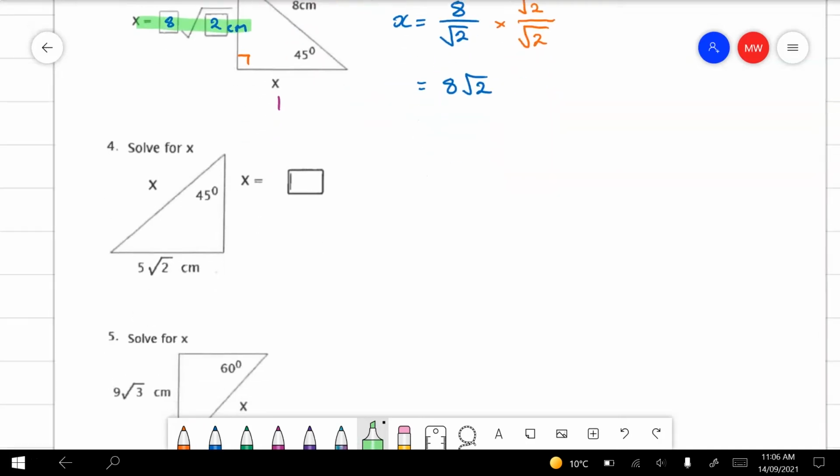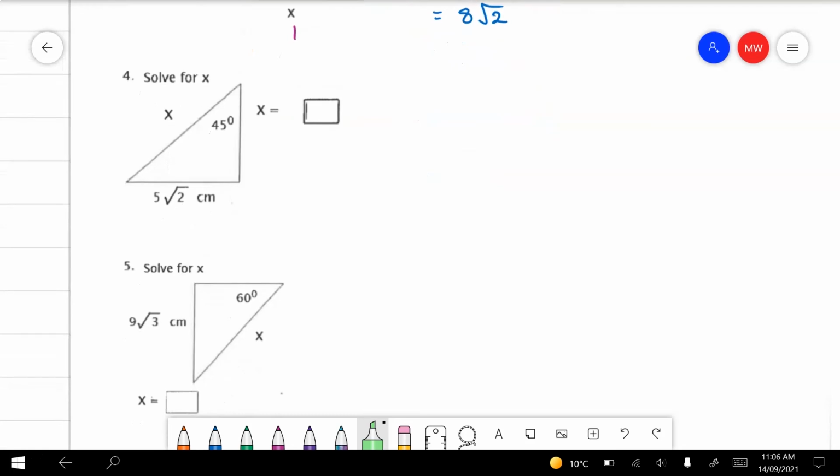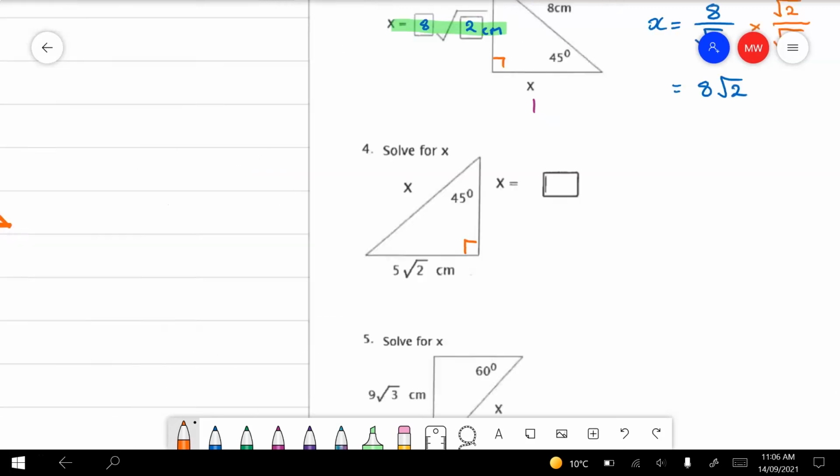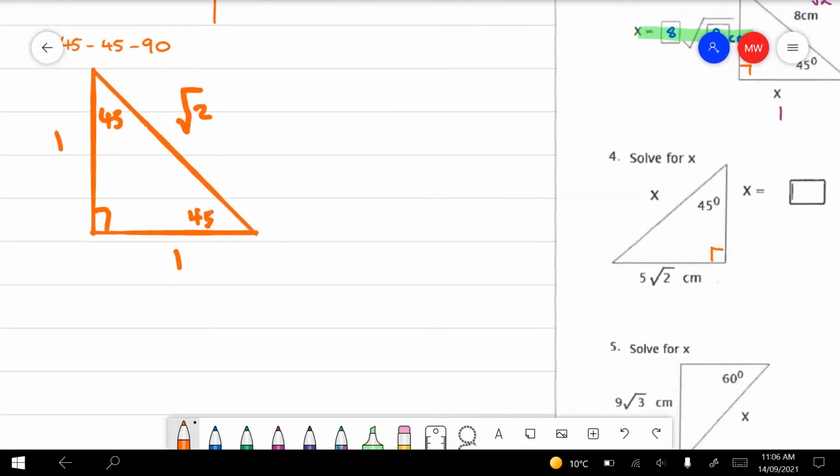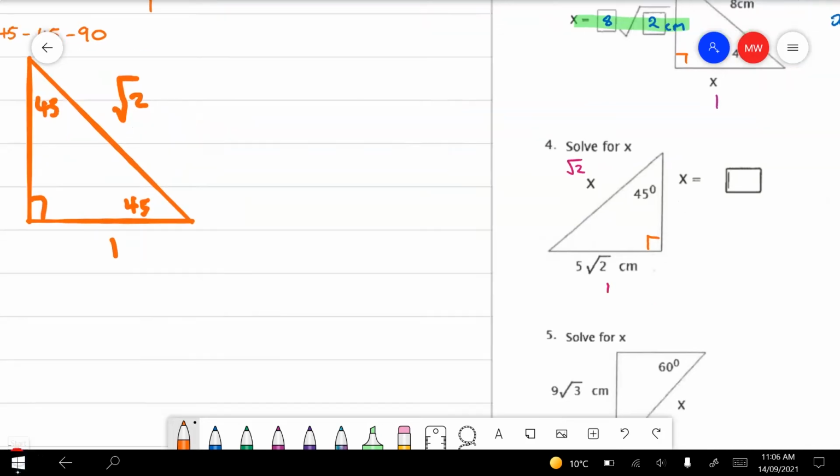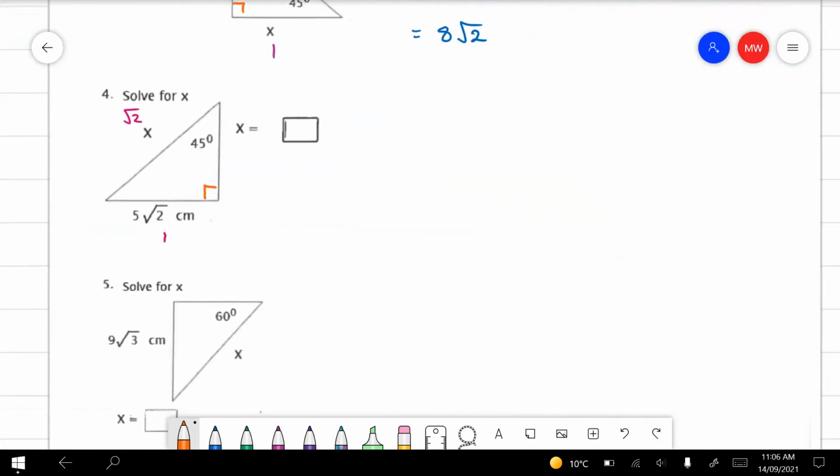Okay, question 4. This one's another 45, 45, 90. This one's a reflection of the one that we drew, but the rules are still the same, you see. It's a ratio of 1 to root 2. So when we're working out x this time, x will be the square root of 2 times bigger than 5 root 2.